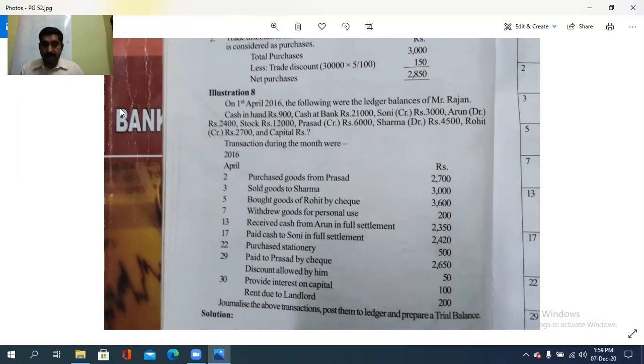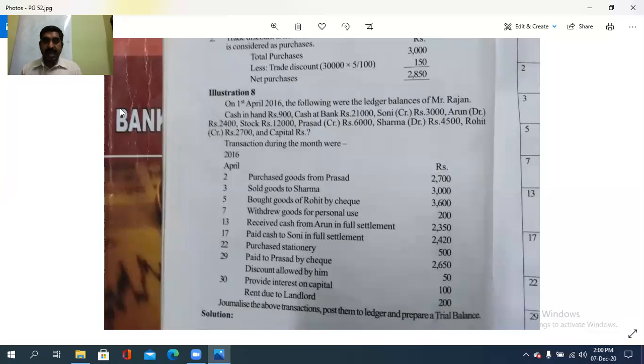Cash was received from Arun in full settlement. Instead of 2,400 we got 2,350. So that 2,350 is received in full settlement. So cash account debtor, allowing a discount of 50. So discount allowed account debtor to which one? Arun. That is 2,350 plus 50, so 2,400.